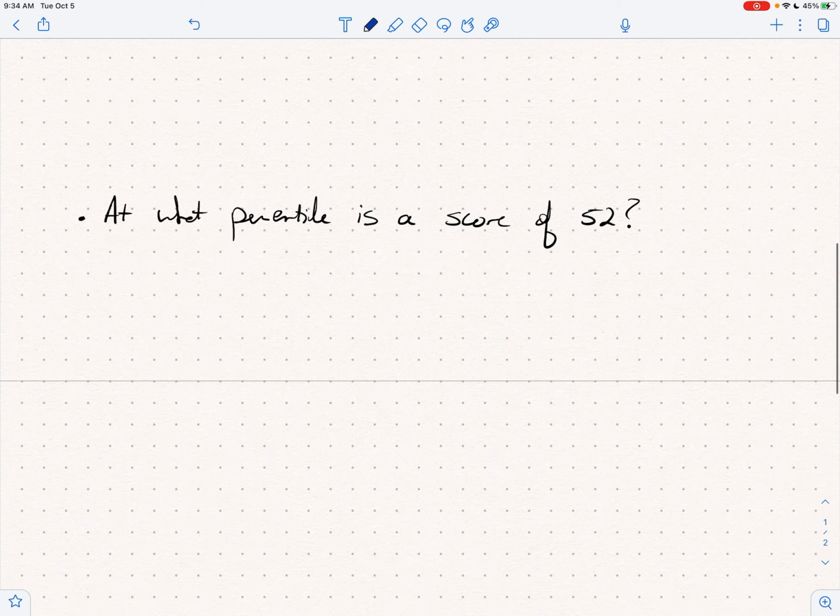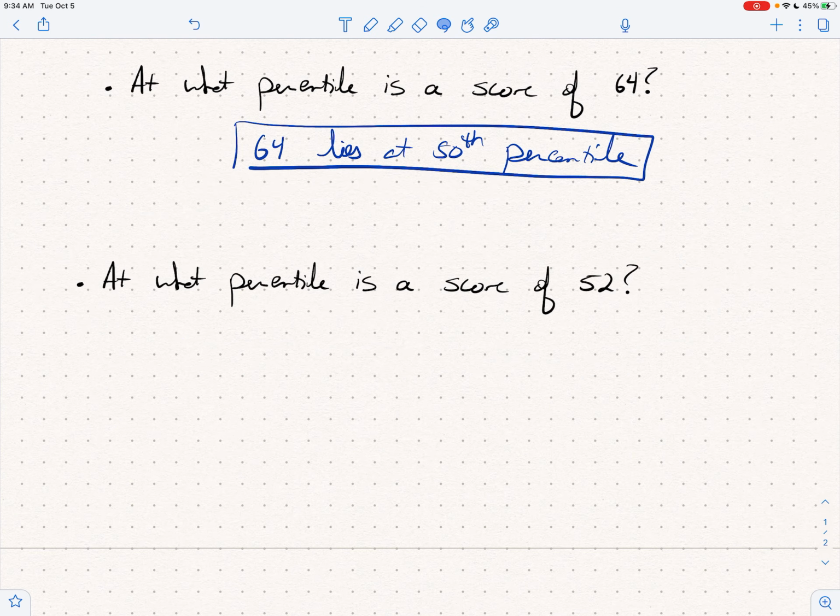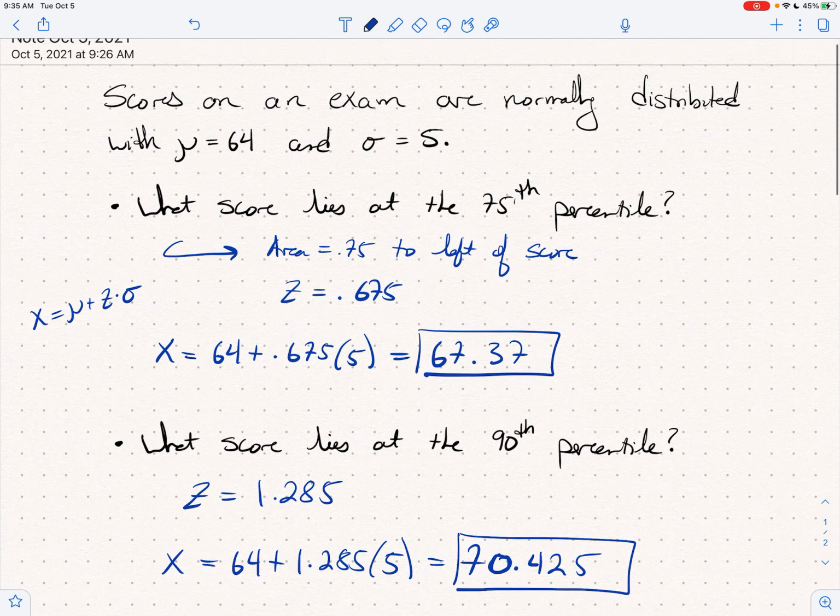I did want to do one where we actually have to work. So for this one, why don't we pause the video and see if you can work it out. Okay, so percentile: how much of the data is below a 52? I want to go ahead and get the z-score. Let's write down the formula for z. So z equals the data 52, subtract the mean 64, divide by the standard deviation, which was, I believe, 5.